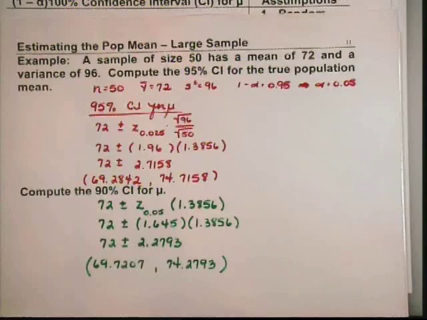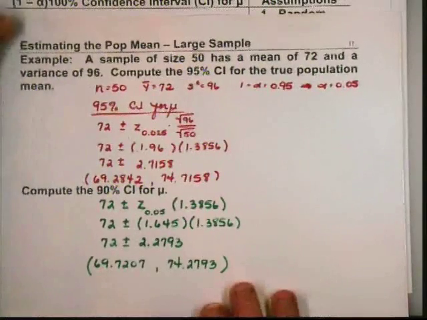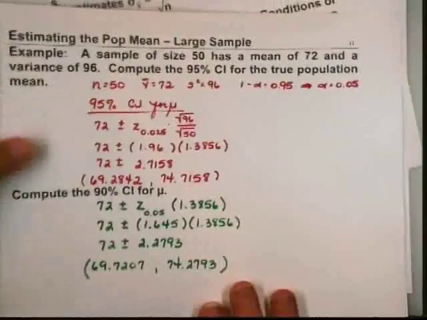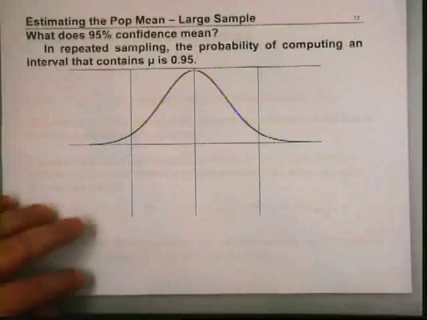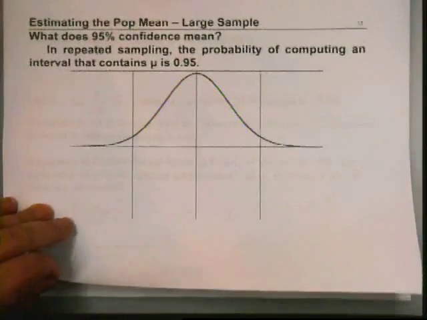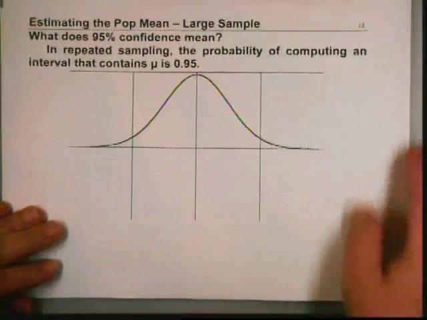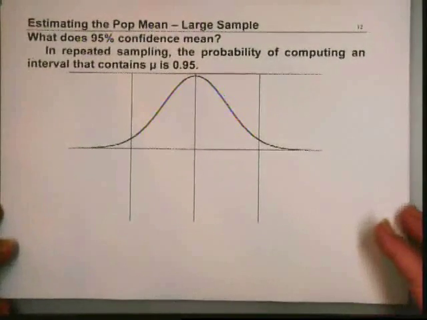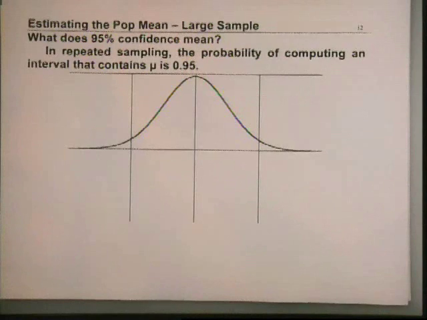All right, and we could have chosen other confidence levels as well. So what does this idea of confidence mean? In particular, we'll talk about 95% confidence. What that means is that in repeated sampling, the probability of computing an interval that contains the population mean mu is 0.95.